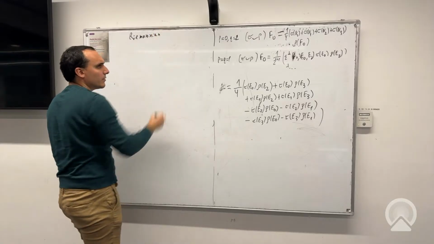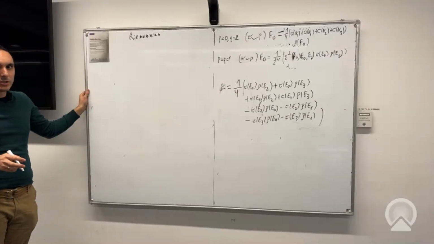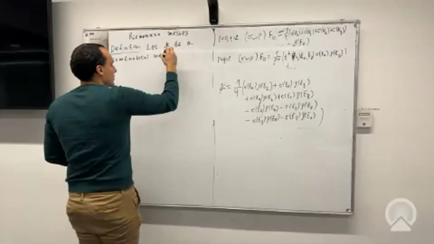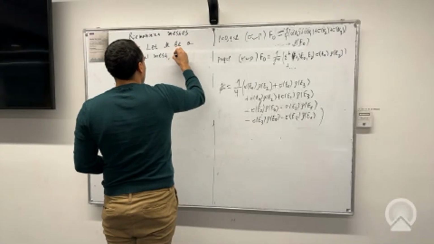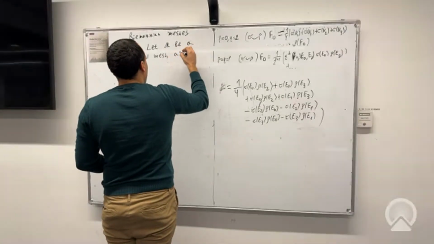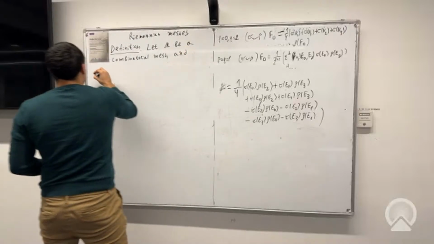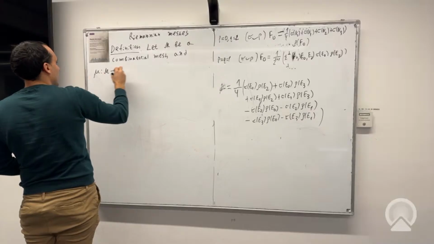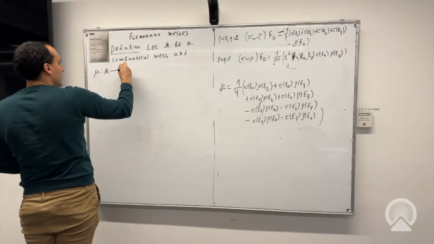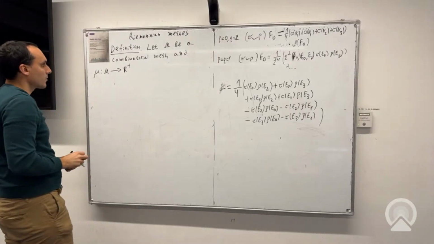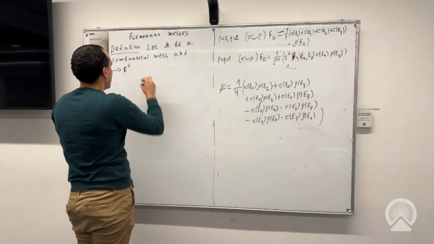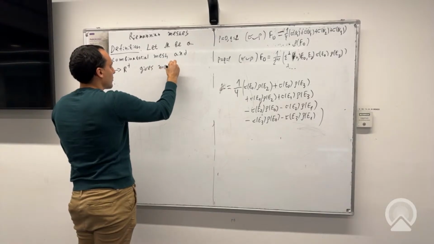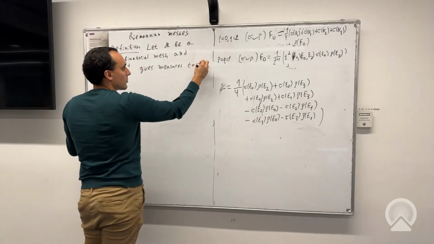So far we have mu from M to R plus, which gives measures to all cells.